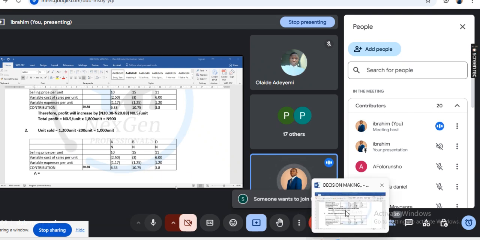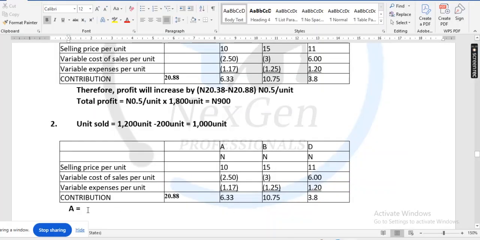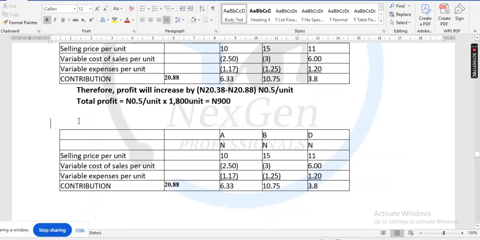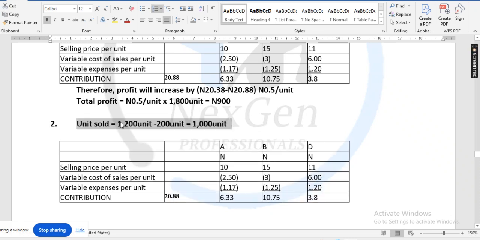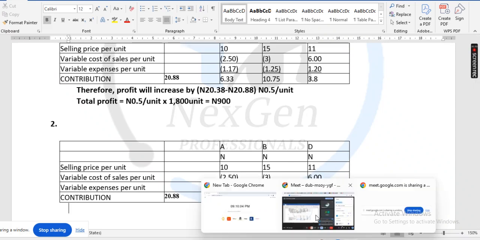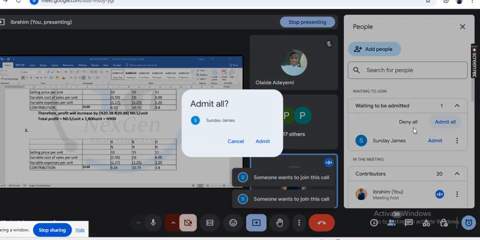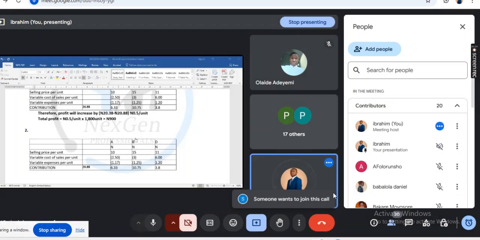Let's use the reduction amount. What is the reduction? It will reduce by 200, right? Just be patient. Like I said, I have two approaches to this. I don't want to use the other one. That one will be a long approach, and we'll waste time.